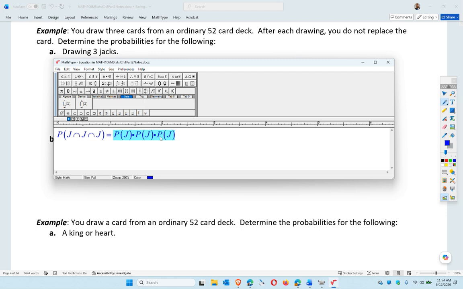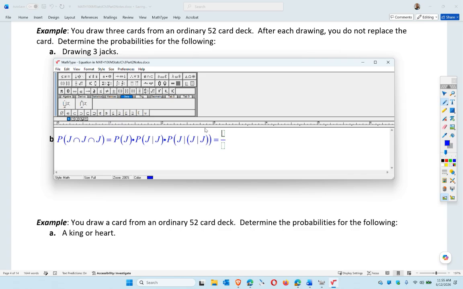If I don't replace, there are fewer jacks in the deck and fewer cards in the deck. So I pull the jack out, so there's 1 less jack. And if I pull 2 jacks out of the deck, now there's definitely 2 less. So you can do it this way, or you can also put a set of parentheses there if you want to, either way. So what does this mean?